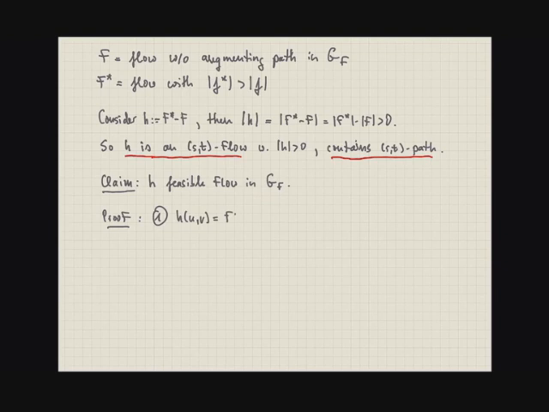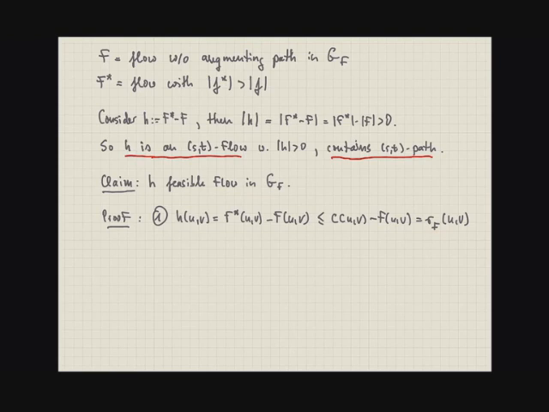That is just F star from U to V minus F from U to V. So that is smaller or equal than the capacity from U to V minus the flow value from U to V. And that's exactly the residual capacity of the edge from U to V. So the flow value of this difference flow H is at most the corresponding residual capacity, so it's feasible for the residual graph for F.